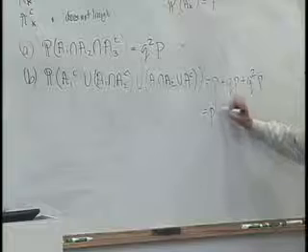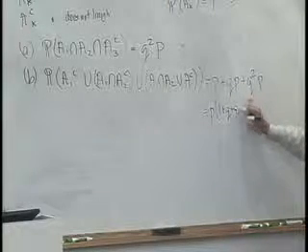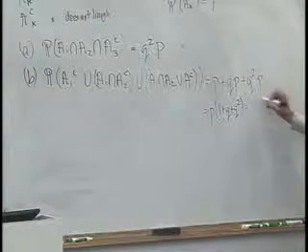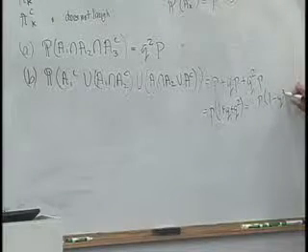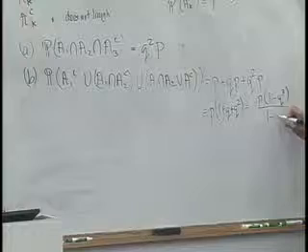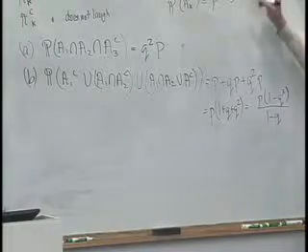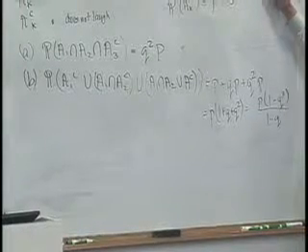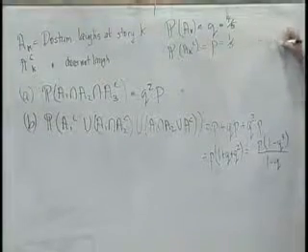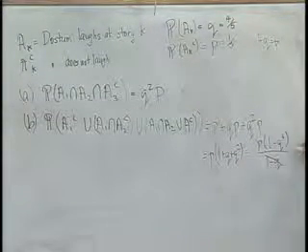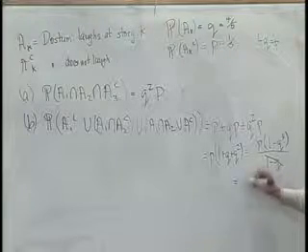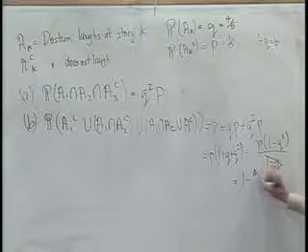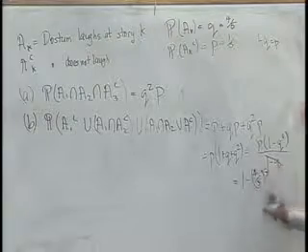This is P times 1 plus q plus q squared, which is p times 1 minus q cubed over 1 minus q. But 1 minus q is the same thing as p, because they sum to 1, so that cancels that. And we get 1 minus q cubed, or 1 minus 4/5 cubed.